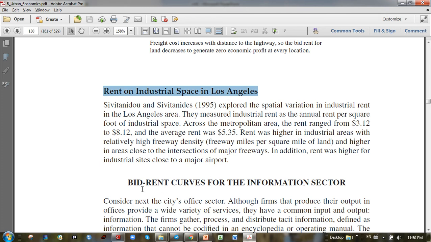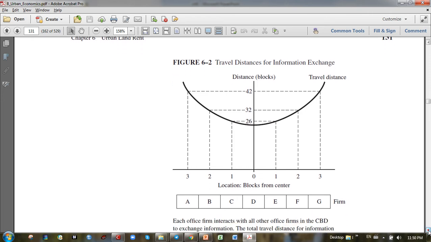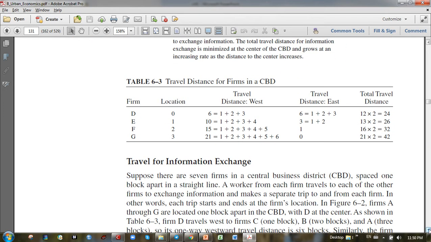The other one, bid rent curves for the information sector or office sector. Oh, this is maybe a little bit tricky. I'm waiting for the presenter to explain this table. The explanation is shown here, and they also show it here, so read this one and this table as well.